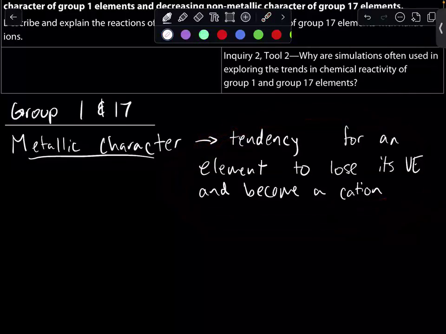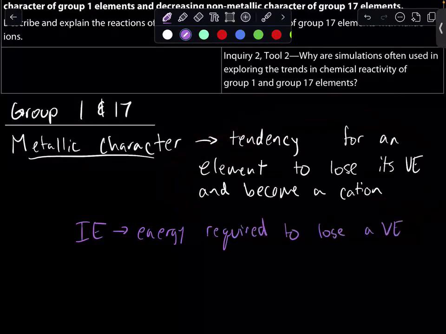One of the things that helps guide us is that we look at ionization energy, which, if we remember from the previous lesson, is the energy required to lose a valence electron.